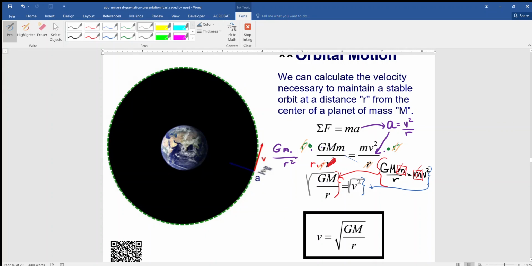You were able to eliminate like masses on both the left and the right, and what remained on the left was the gravitational constant times the mass divided by a radius, and what was left on the right is a velocity squared. Take the square root of both sides and you come up with the equation velocity equals the square root of GM divided by r.